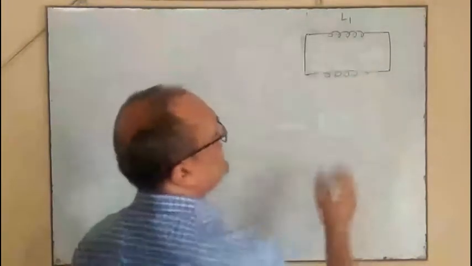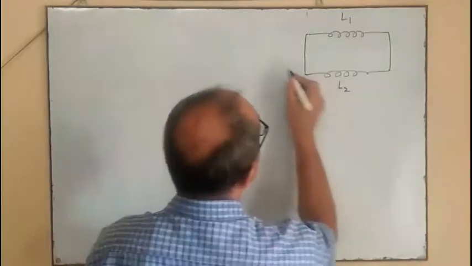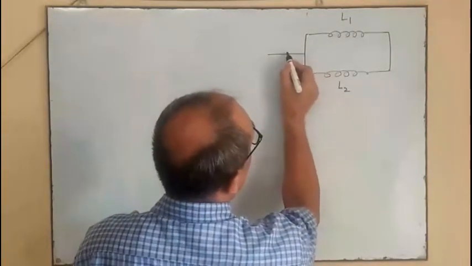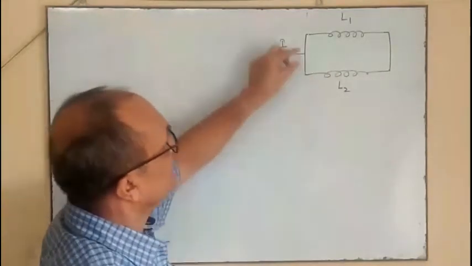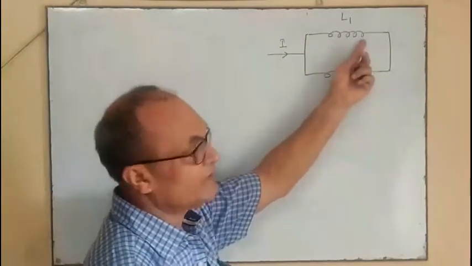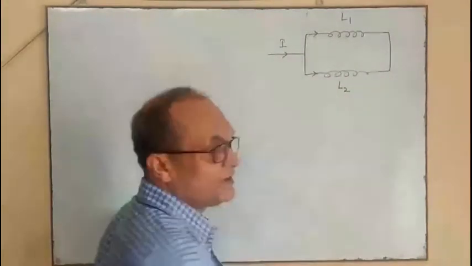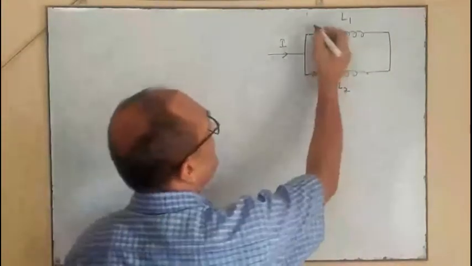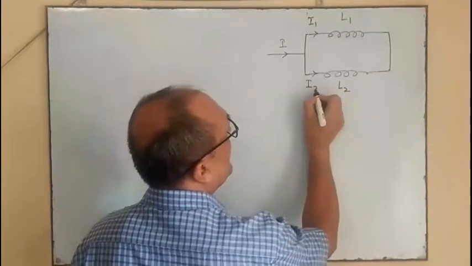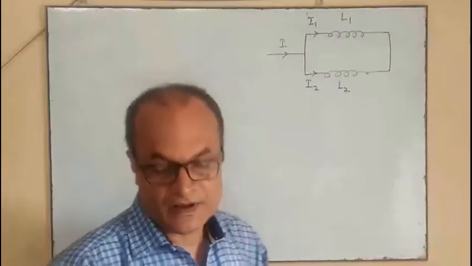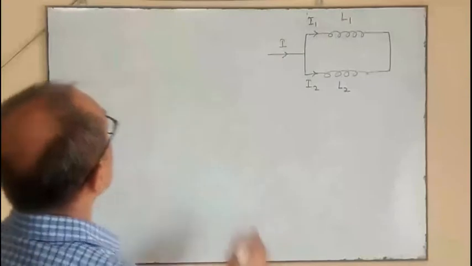Its self-inductance is L1 and its self-inductance is L2. Now supply a current I. At this point it is distributed in L1 and L2, and the current flowing through each will be different. Suppose I1 flows through this and I2 through this. So we find that I equals I1 plus I2.